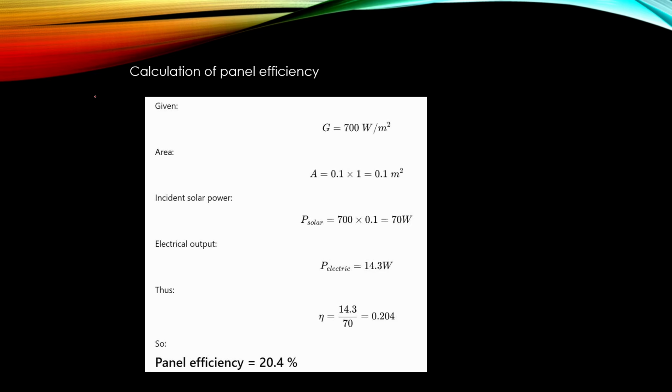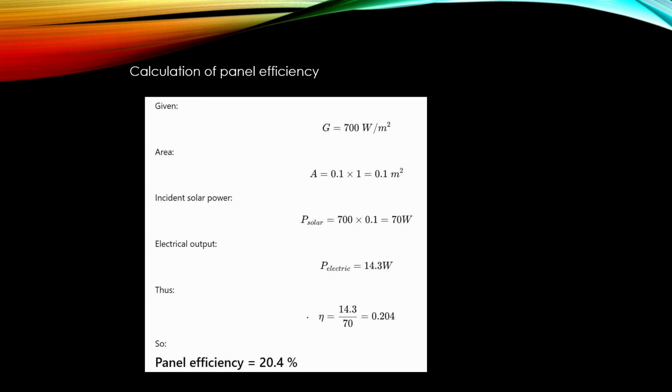There is one thing which I want to point out. It is this panel efficiency calculation. If we have a solar load 700 watts per square meter and cell area 0.1 square meter, then this solar power is 70 watts. And we calculated this electrical output to be 14.3 watts.